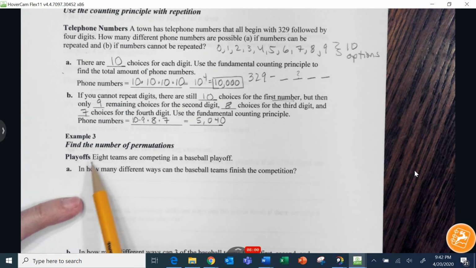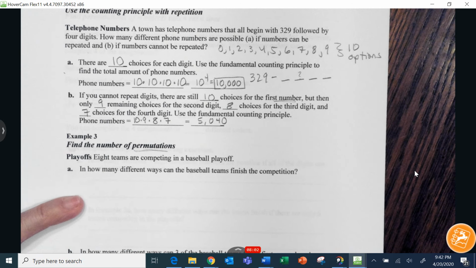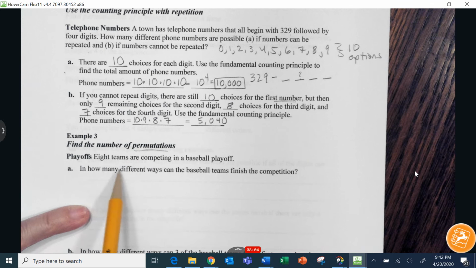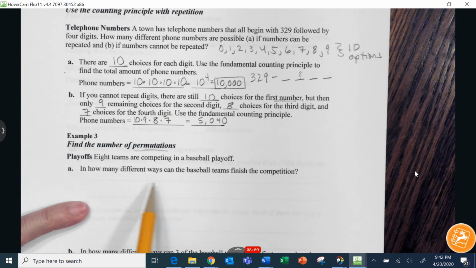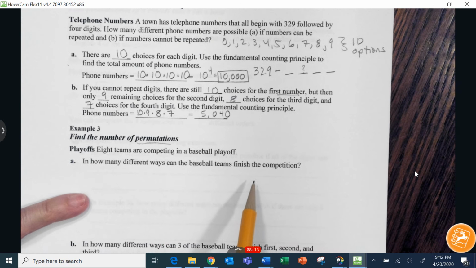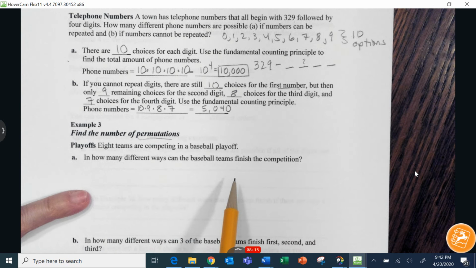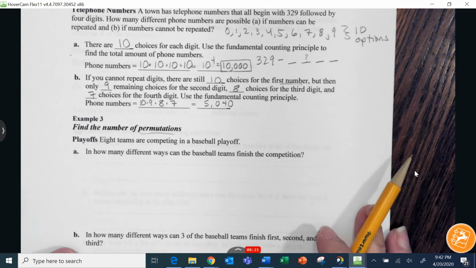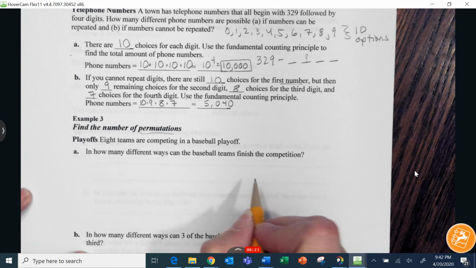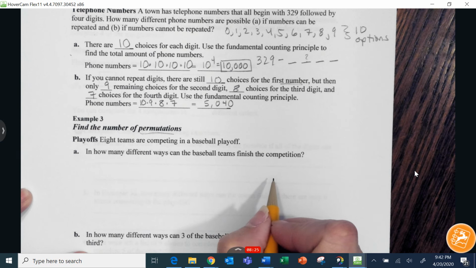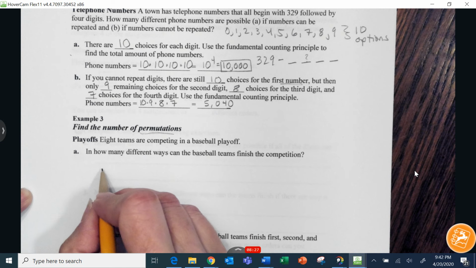Example 3, find the number of permutations. Okay, 8 teams are competing in the baseball playoff. In how many different ways can the baseball teams finish the competition? So for this, with the 8 different teams, it matters who comes in first, second, third, and so on. So we've got 8 places, and we've got 8 teams.